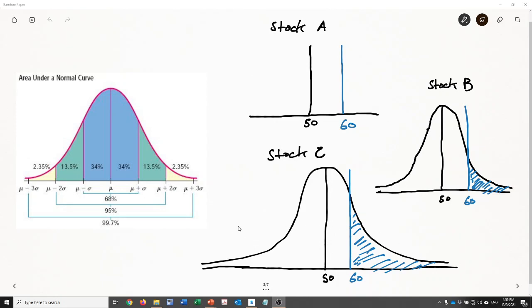In this case, which option do we expect will have a higher price, the option written on stock C or the option written on stock B? Logically speaking, the option written on stock C will have a higher chance to be exercised in the money. So for this reason, people are willing to pay a higher price for it compared to the option written on stock B.